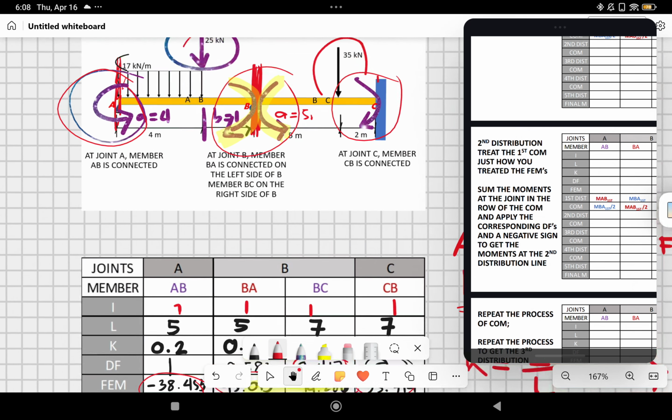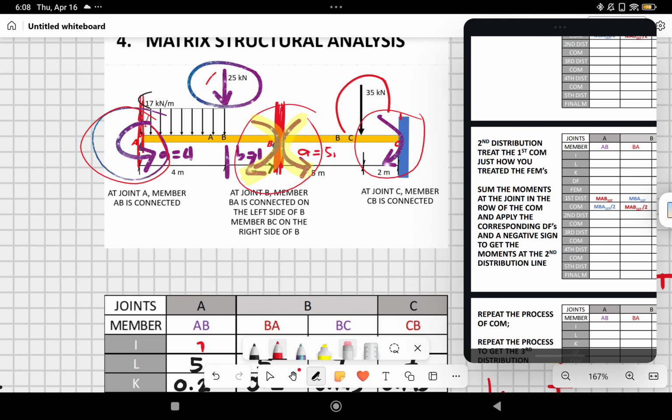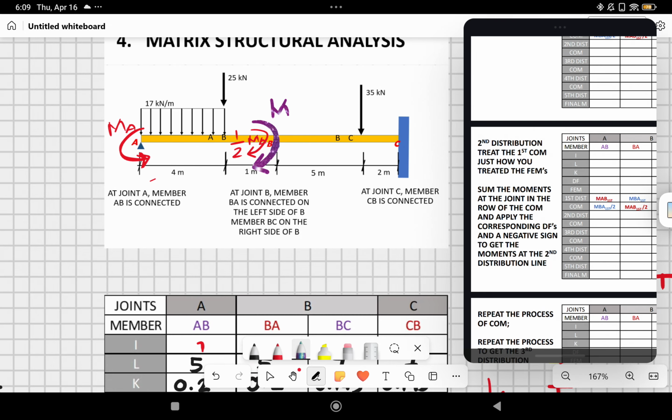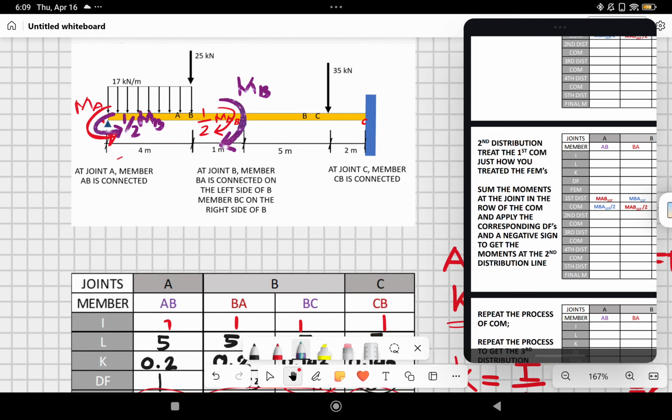For example, the moment acting at this joint will also be felt at the other end, and in moment distribution it is one half of whatever this is. Likewise, if joint B felt MB, joint A will feel a little of MB, which is just half of MB. That is the carryover moment.